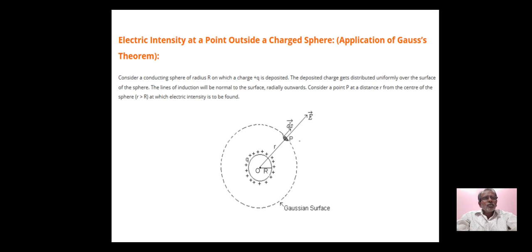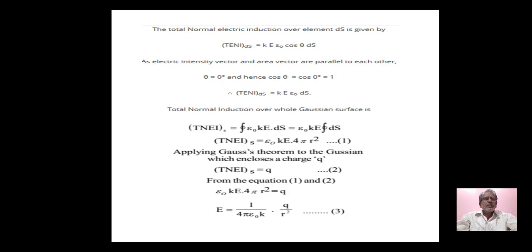Consider a Gaussian surface passing through the point P enclosing the charge distribution, which is q distributed over the surface. Now, total normal electric induction over the surface element ds may be put, from the definition of flux, as k times epsilon naught E cos theta ds, where k is dielectric constant of the medium between the Gaussian surface and the given surface.